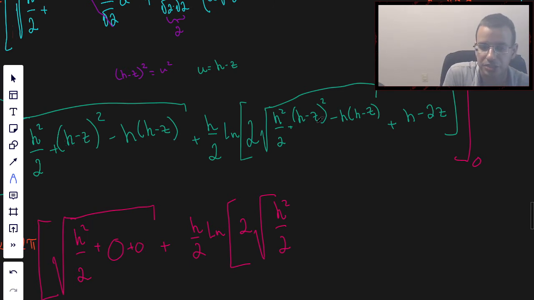The h minus z is going to be 0 because we're plugging in h for z right now. And we're also going to get 0 there, so that's going to be close bracket plus h minus 2h, which becomes negative h.